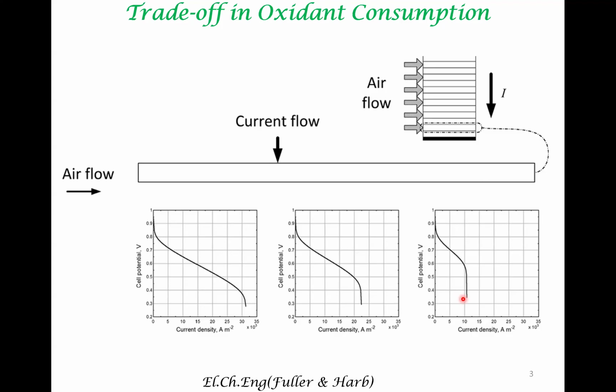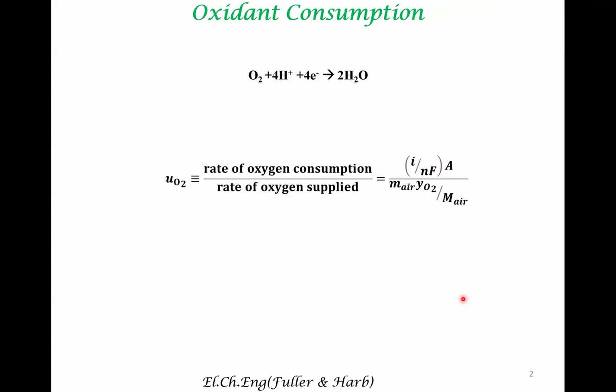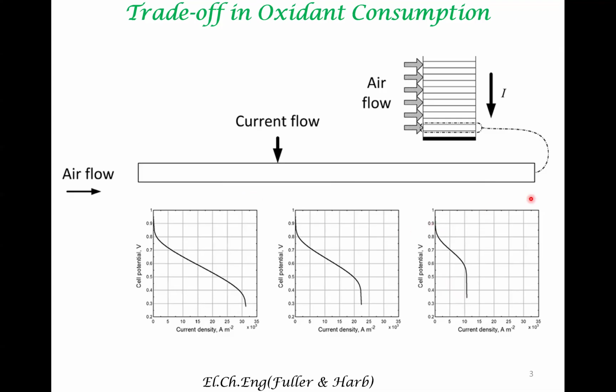If you consume too much oxygen, that is, if your oxygen utilization is very high, you may have regions in the fuel cell where you are under activation or transport overpotential region, which you want to avoid.